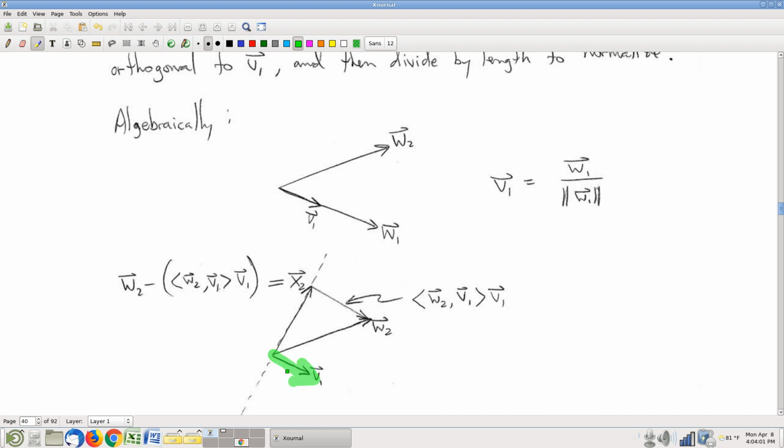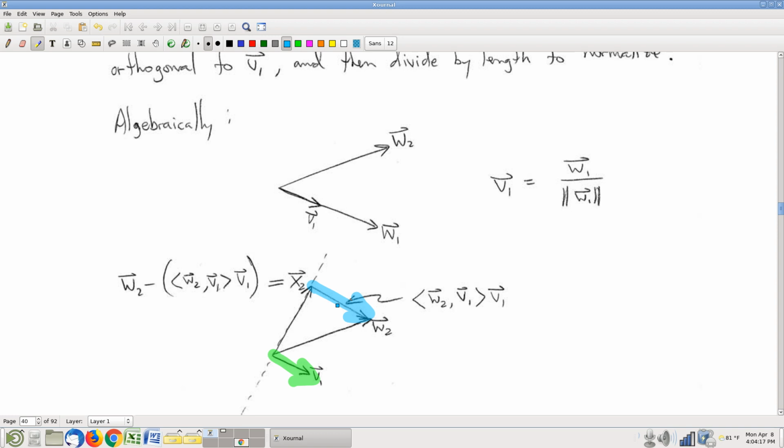Given that we have the first vector figured out, I would like to understand that light blue vector as we discussed. I would like to figure out the part of W2 that's pointing in the V1 direction.